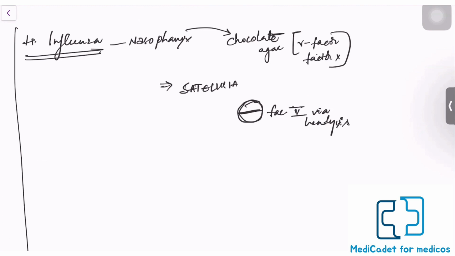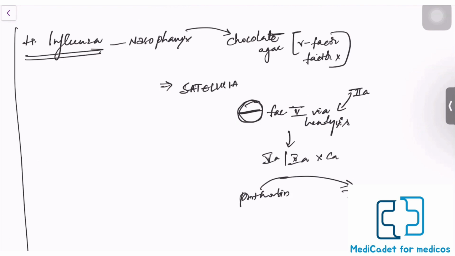This factor V is basically the one that will be activated by factor 2A, and once it's activated, it forms factor 10A, 5A, and calcium, which will convert prothrombin to thrombin, same as in our humans. Okay, so this factor V is there in case of Staph aureus.